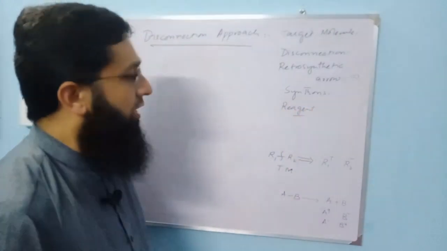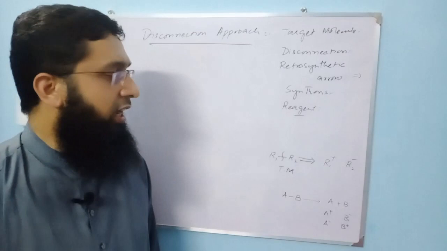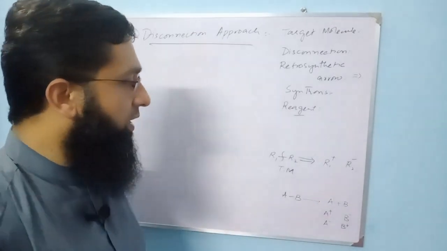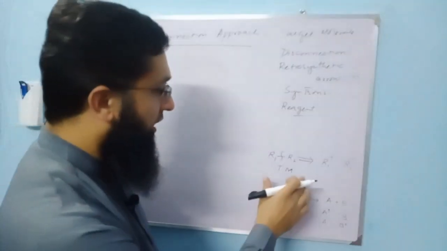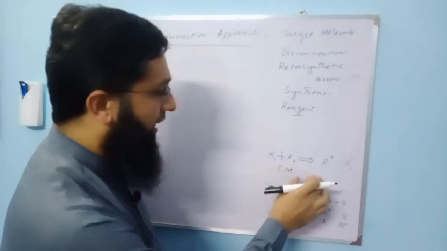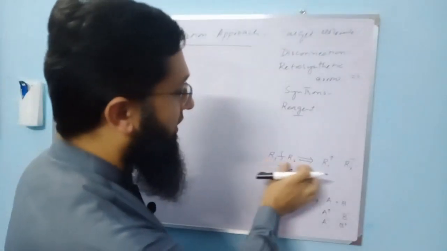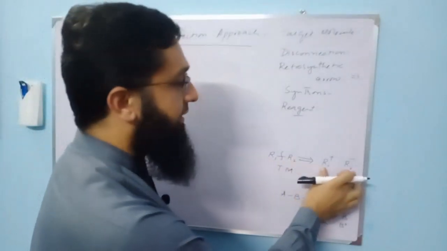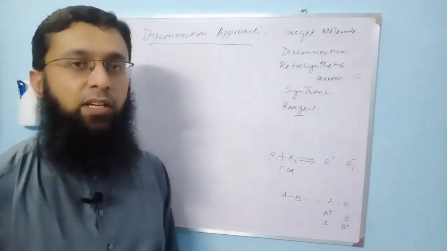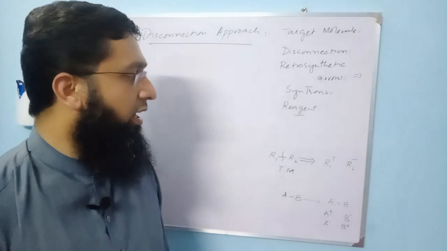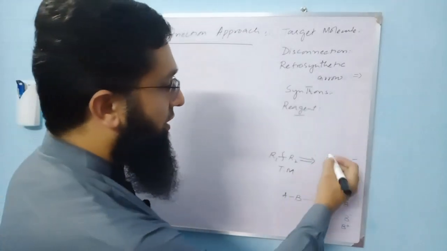Okay, when we perform a disconnection and we get synthones, the purpose is to hypothesize the reaction that this molecule could be synthesized from these fragments. Now we have to give a real chemical which could be an alternate to these synthones.